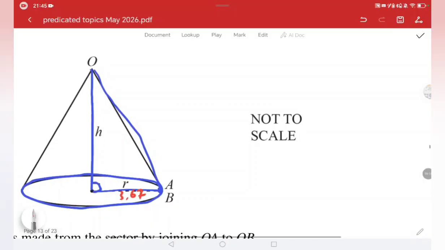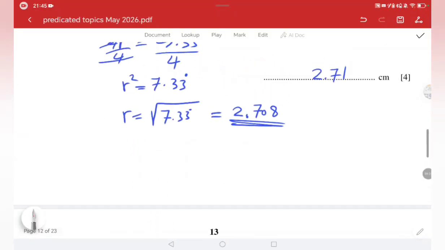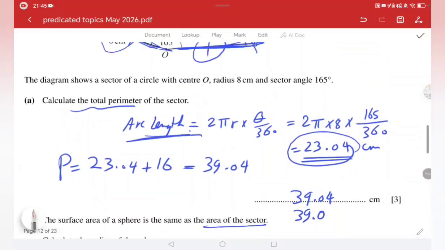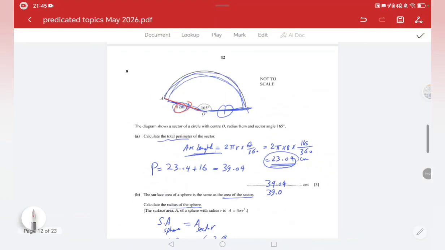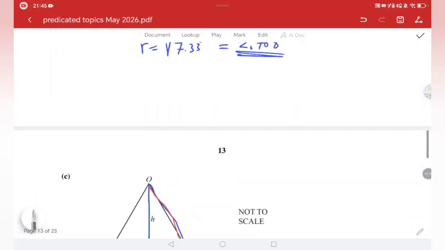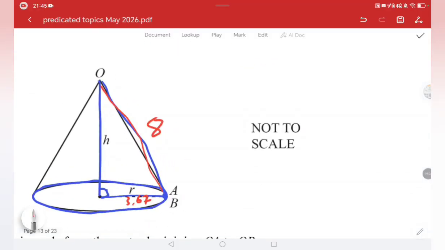How about this one, AO or BO? Look at your graph, it was the radius, which is 8. So this one is 8 and this is 3.67. Now we need to find the height.